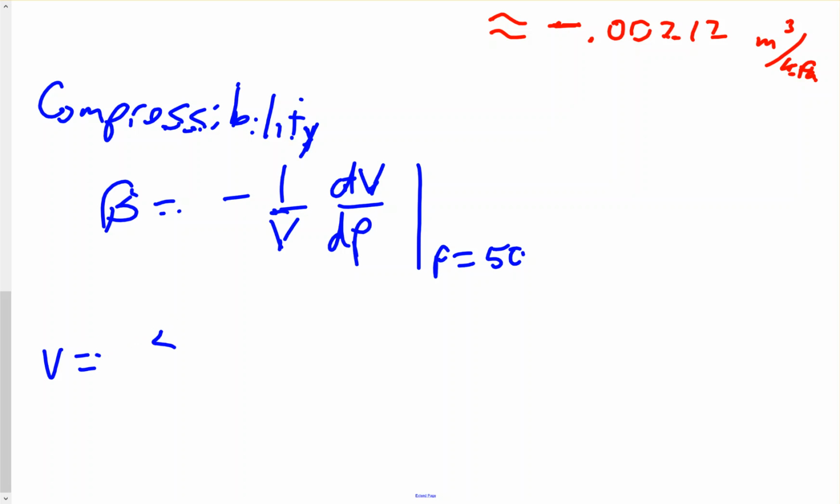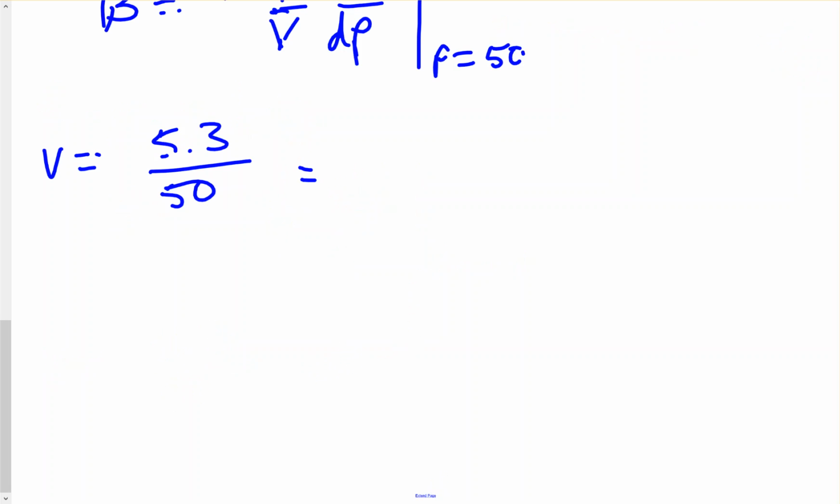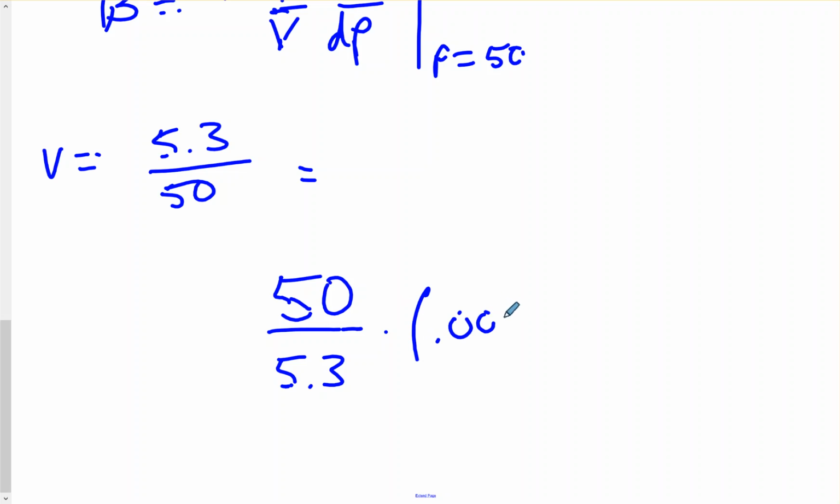V is equal to 5.3 over 50, that's going to flip in this case, so that'll be 50 over 5.3. And then we would multiply by dV/dP, so that's 0.00212.